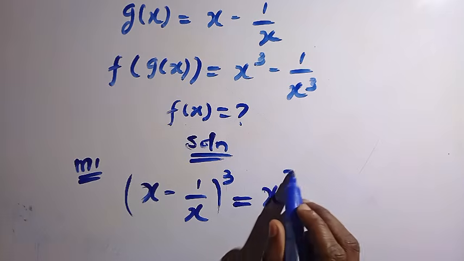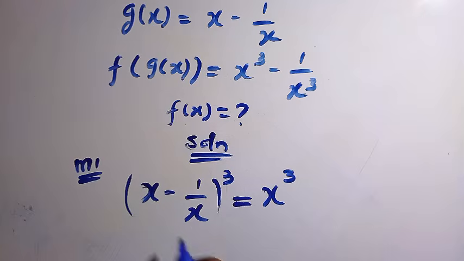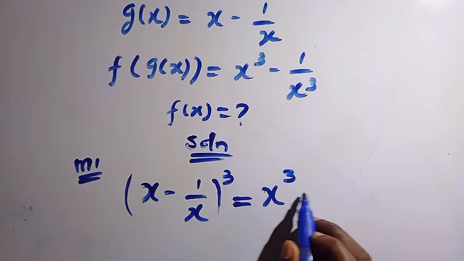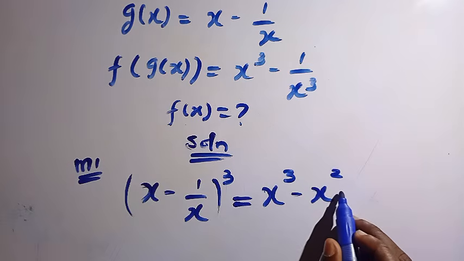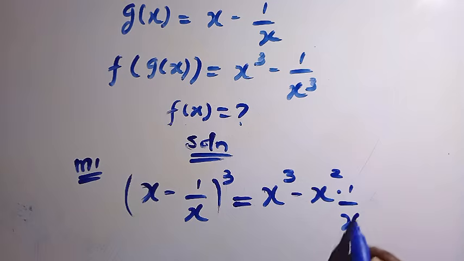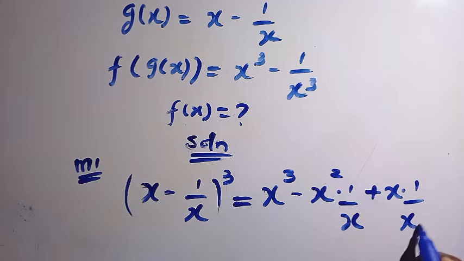x raised to the power of 3. Then if one increases, the other one decreases. So we have minus x raised to the power of 2 multiplied by 1 over x, and again we have plus x multiplied by 1 over x squared.